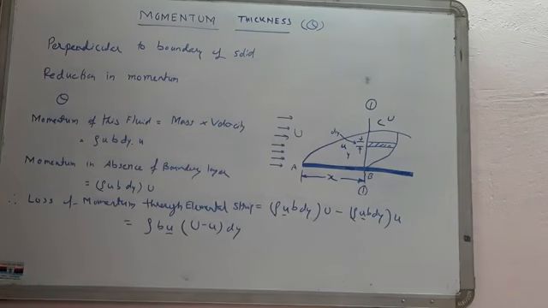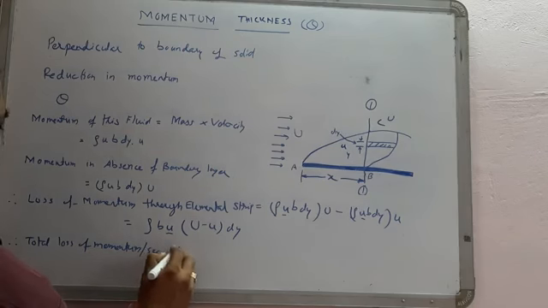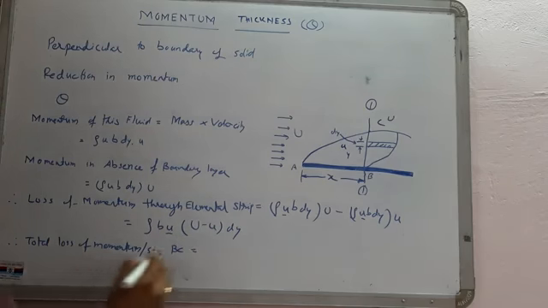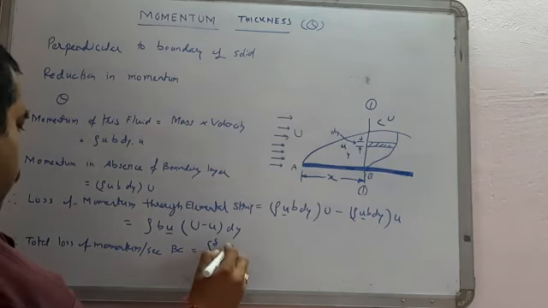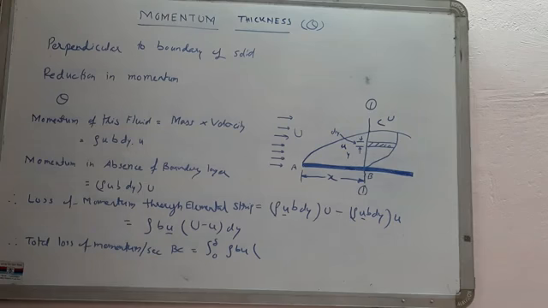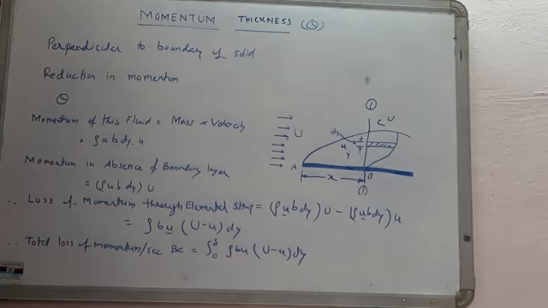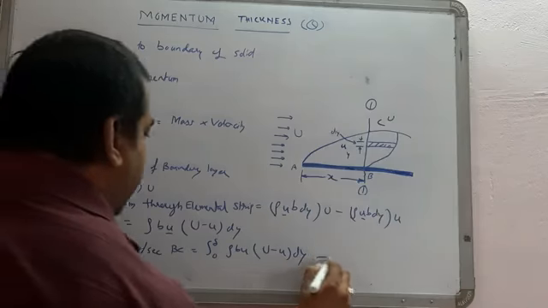Now the total loss of momentum per second through BC is equal to integration 0 to del rho b u (U minus u) dy. This is equation 1.